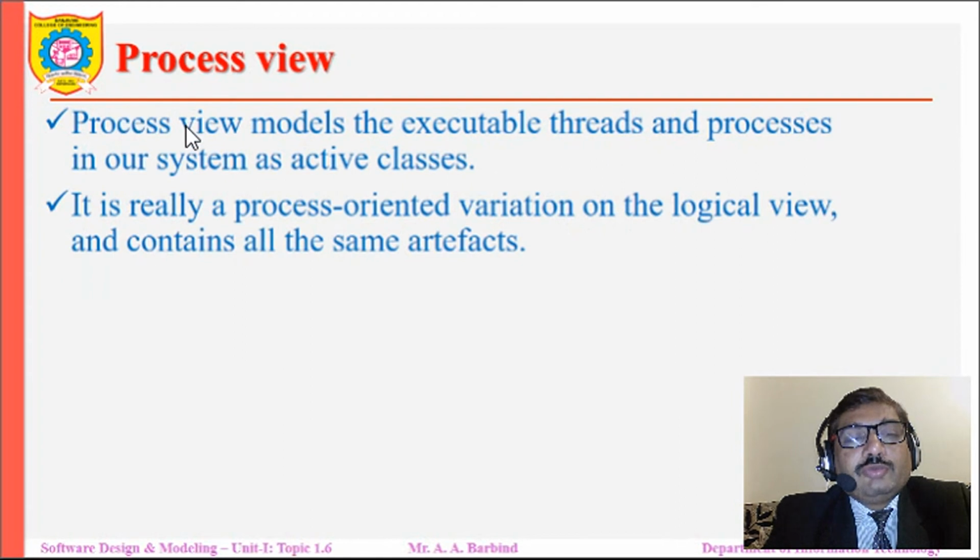The process view models the executable threads and processes in our system as active classes. It is really a process oriented variation of the logical view and contains all the same artifacts.